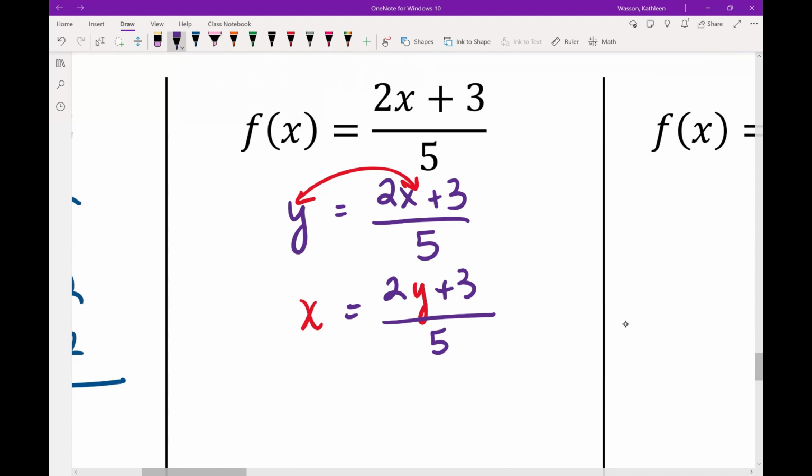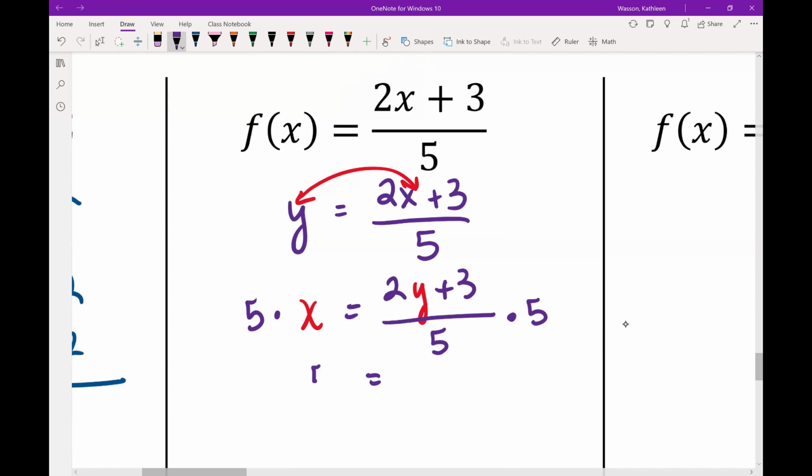I need to solve for y. My first step will be to multiply both sides of the equation times 5. If I multiply it by 5 and divide by 5, then those are inverse operations. Then I won't have a fraction on the right side.